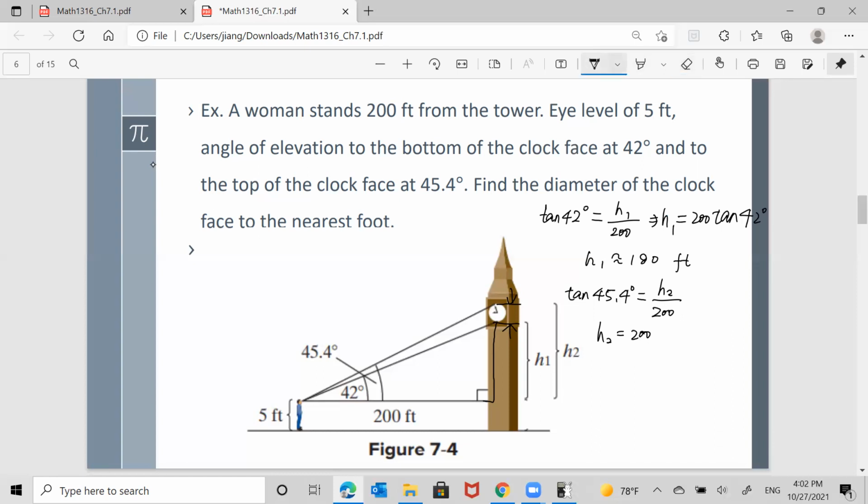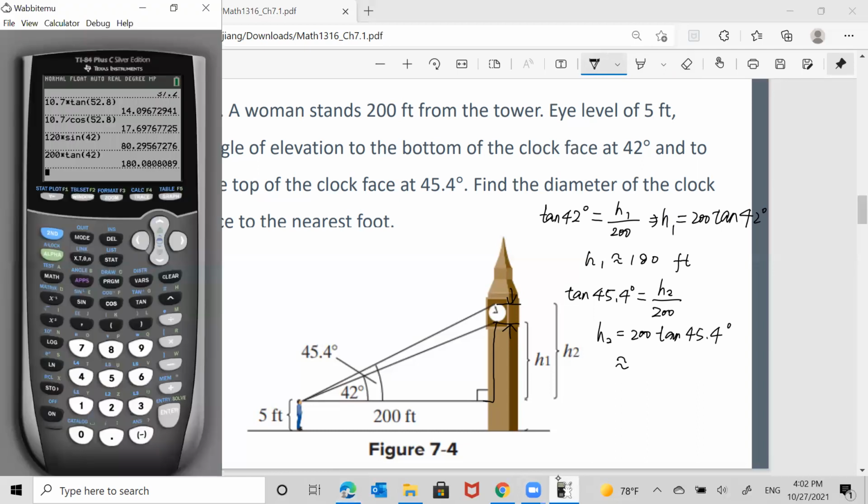So H2 equals 200 times tangent 45.4, close parentheses. So 203, I can say 204 because 5 is greater than or equal to 5, so I can round up to 4 because 3 plus 1. So that's 204.